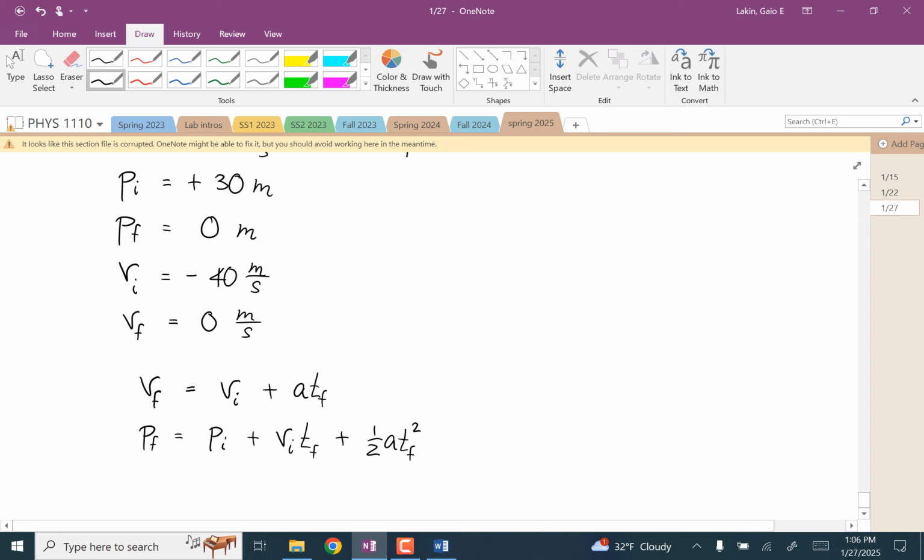Whenever you have the choice though, take this one. It's simpler. There's no square in it. You never end up having to go into the quadratic formula with this one. So always just take the simplest equation that'll work.